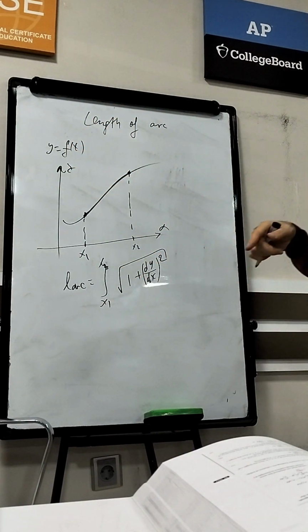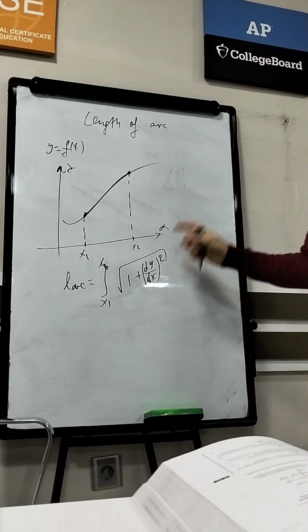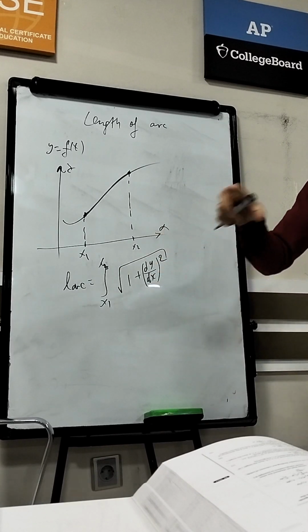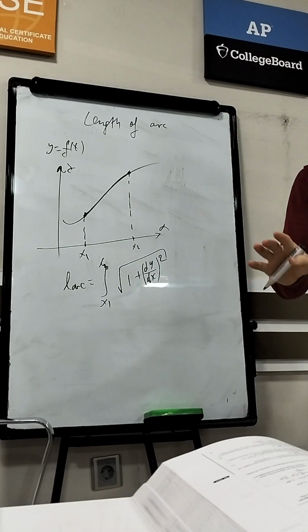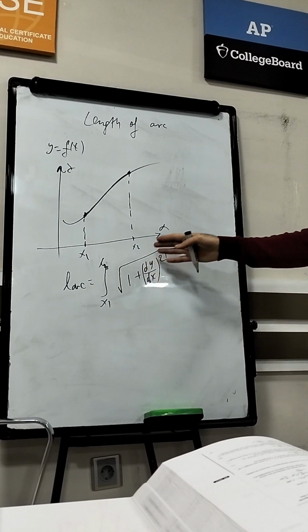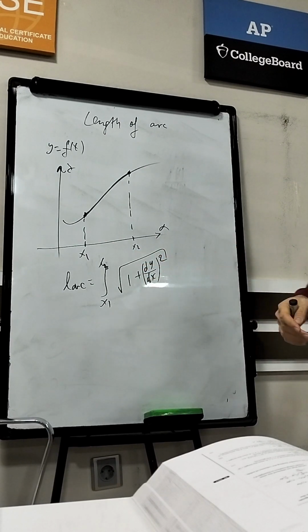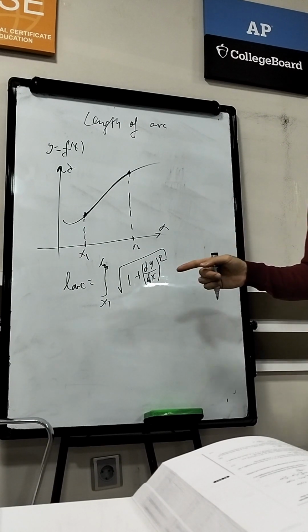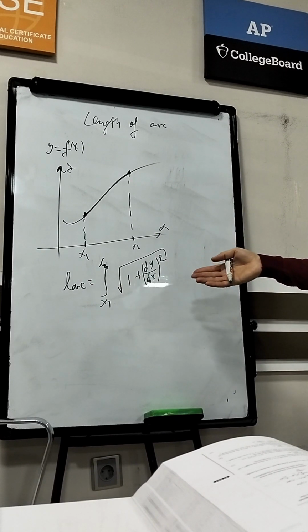Okay, in some official AP exam questions you just write it as a formula. That's it. You don't need to calculate it. As you see, it's not easy to solve this kind of integrations. In some AP questions, these kinds of questions are given in the calculator section. You just solve it with a calculator.